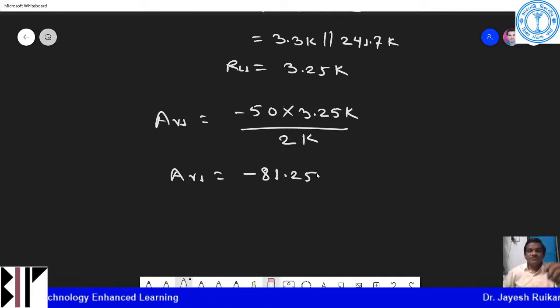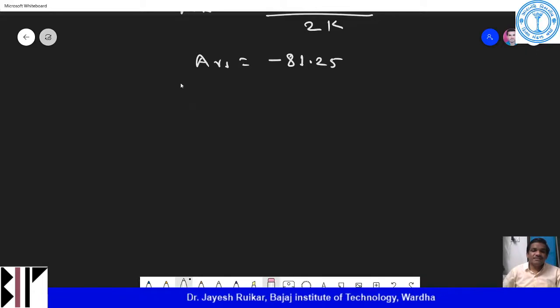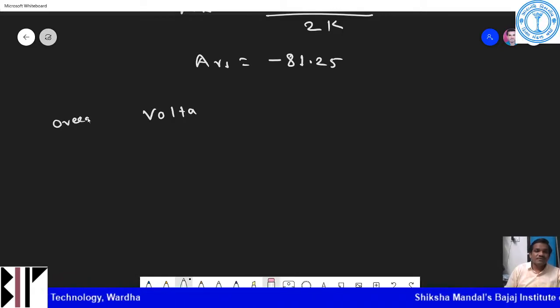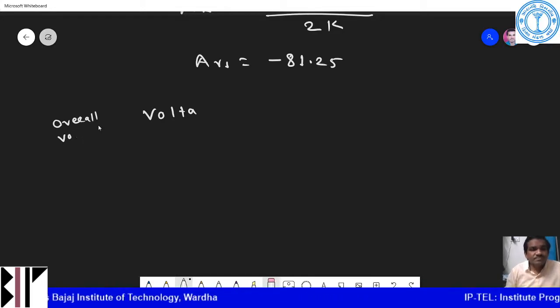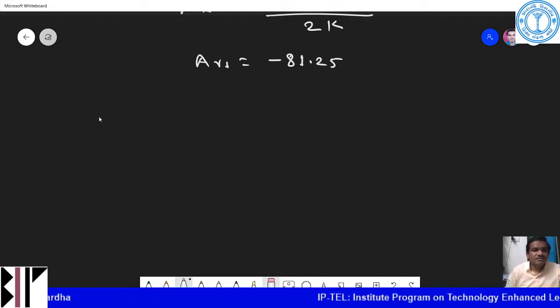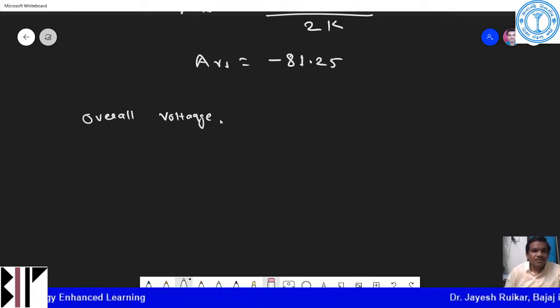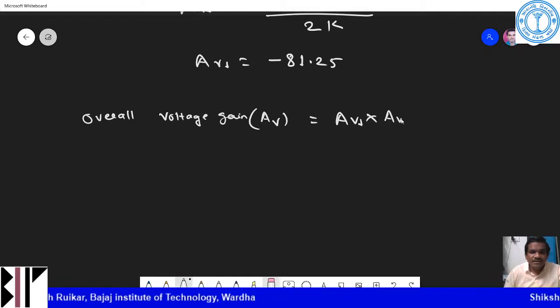Now we need to find the overall voltage gain. The overall voltage gain is nothing but the multiplication of the individual voltage gains. So the overall voltage gain AV is voltage gain 1 multiplied by voltage gain 2.